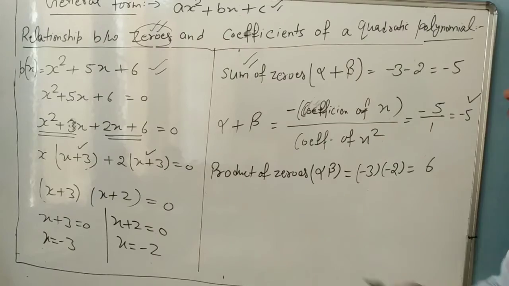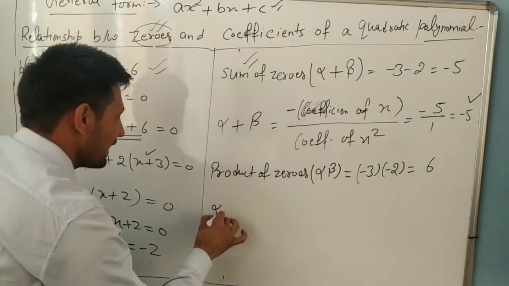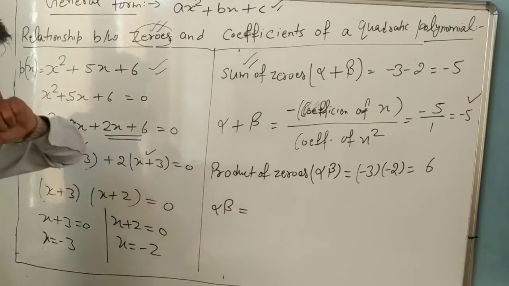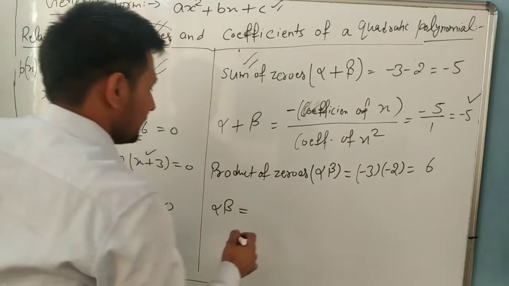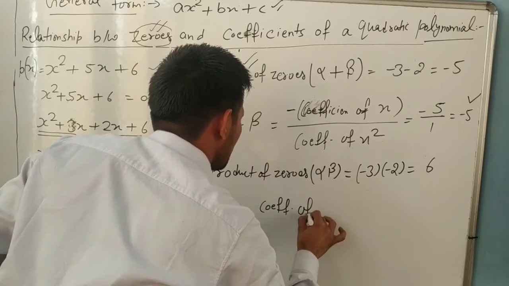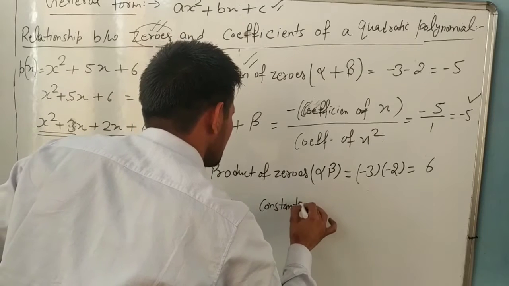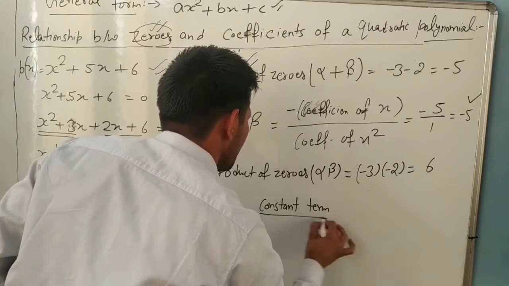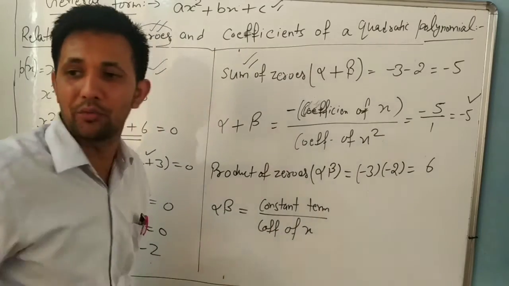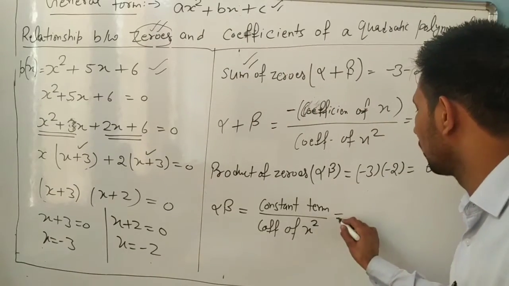But I am telling you, no need to solve this. You can find it directly also. How will you find alpha into beta, dear? You have to remember this only. Constant term divided by coefficient of x square.